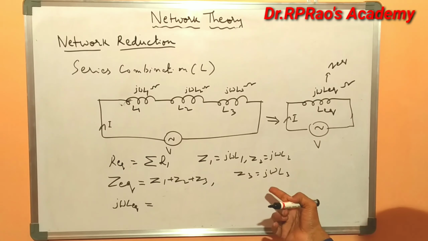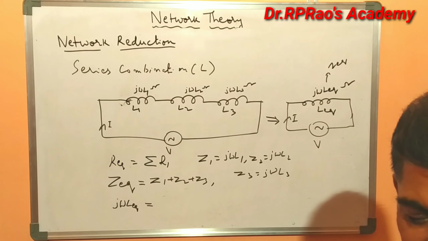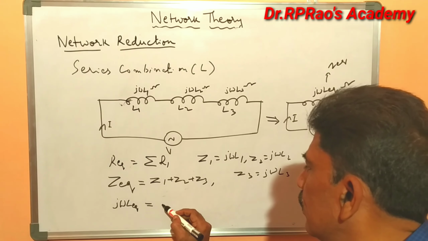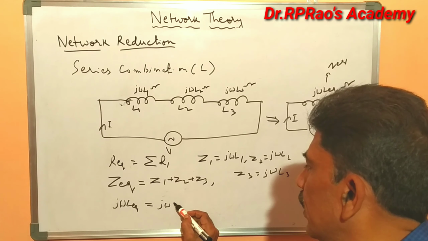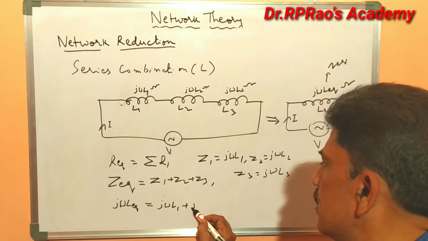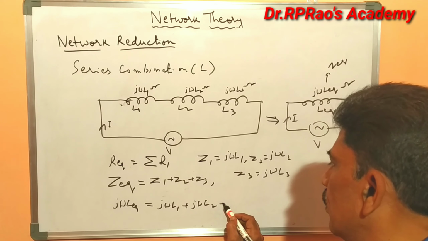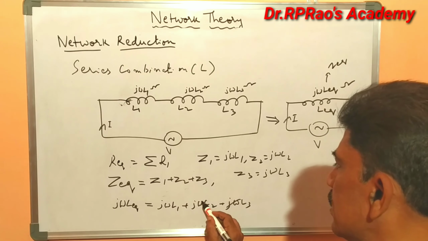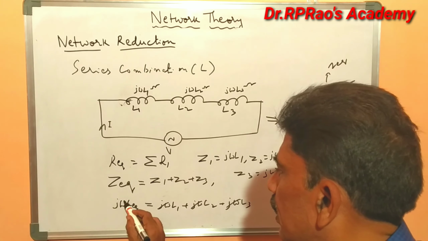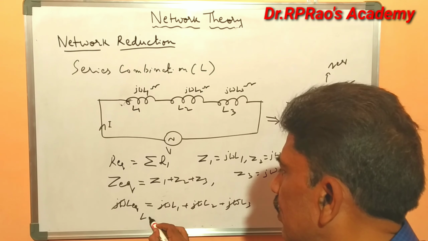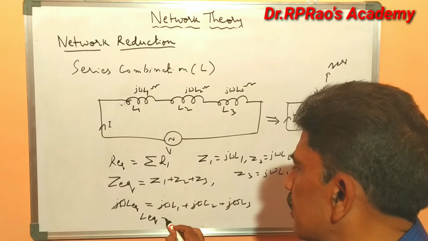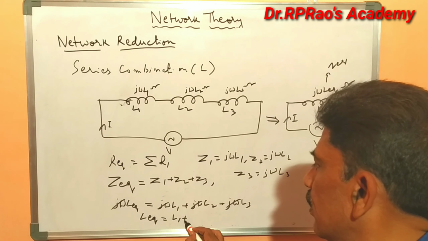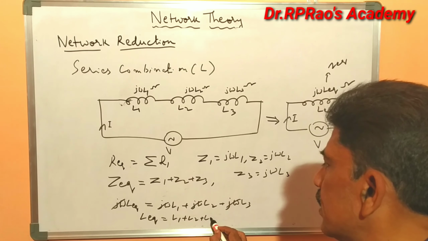Let us substitute these three values. J omega L equivalent is equal to J omega L1 plus J omega L2 plus J omega L3. J omega will be cancelled. So L equivalent is equal to L1 plus L2 plus L3.